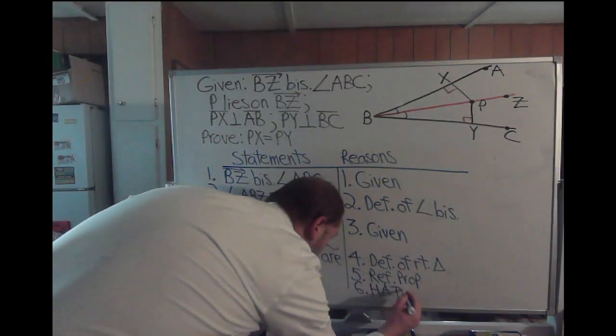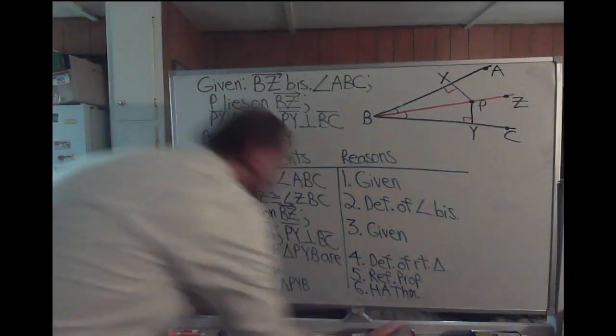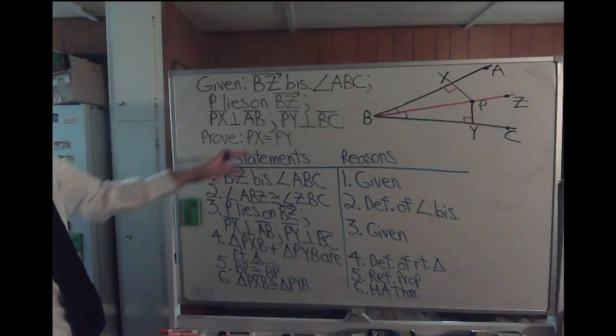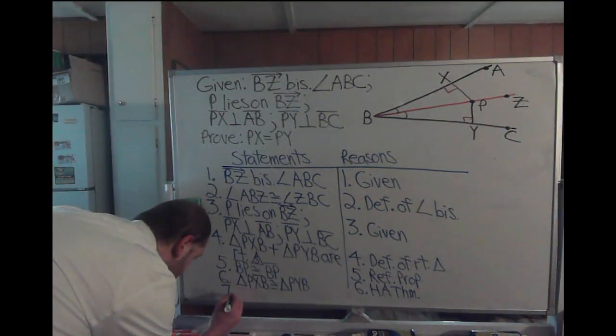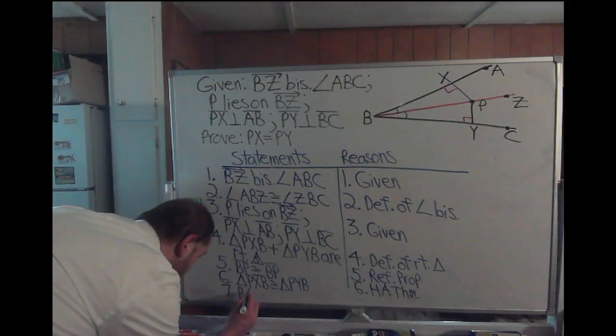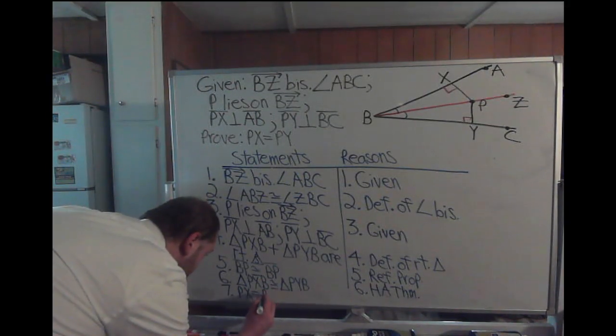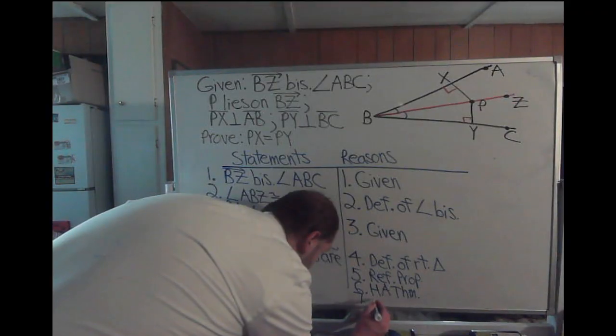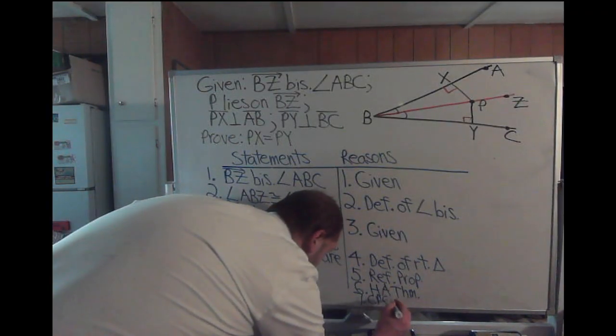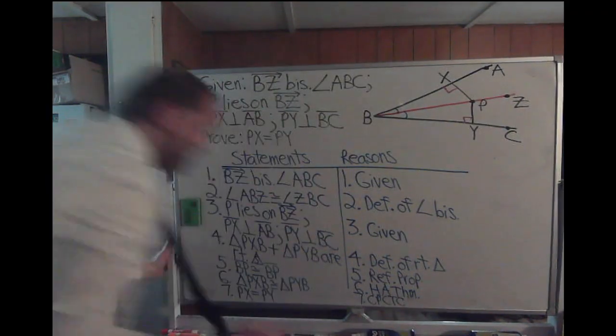Those two triangles are congruent. And then last but not least, that's going to leave us to conclude that PX is equal to PY by CPCTC. So PX is equal to PY by CPCTC. Corresponding parts of congruent triangles are congruent.